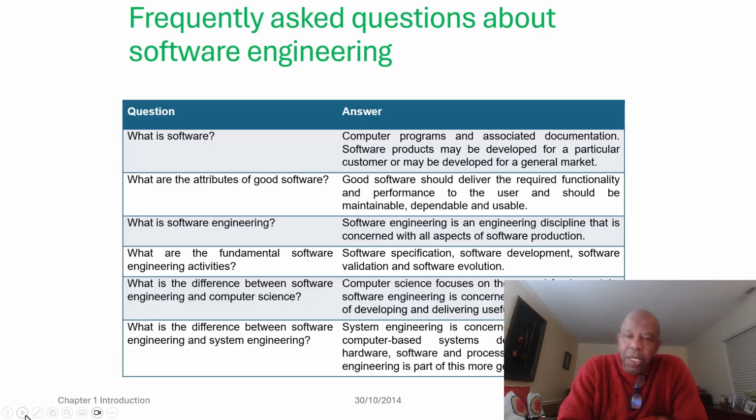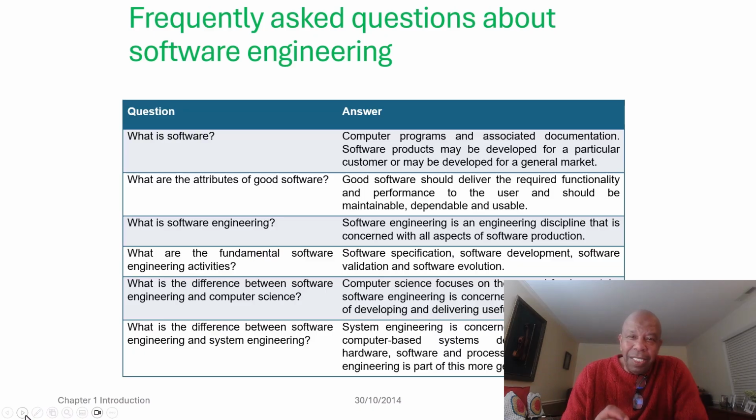Just some general questions, general definitions I'm expecting you to know. What is software? Computer programs and associated documentation. The key thing I want to highlight there is associated documentation. Yes, I'm repeating it, I know that.